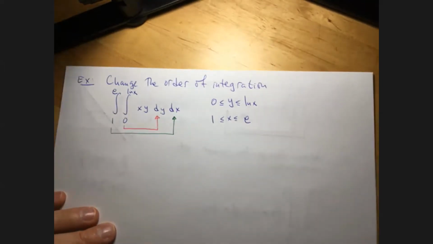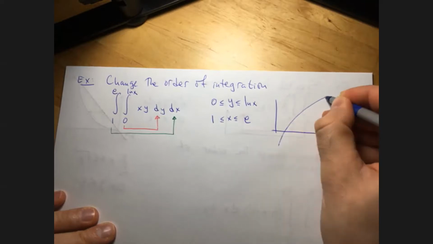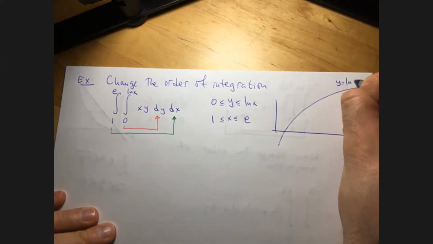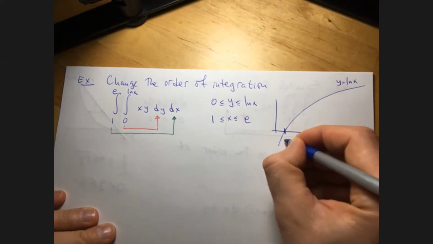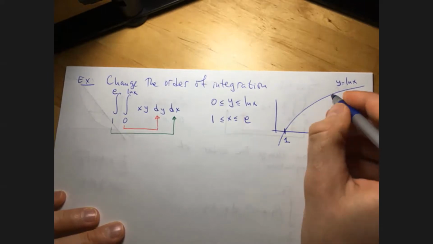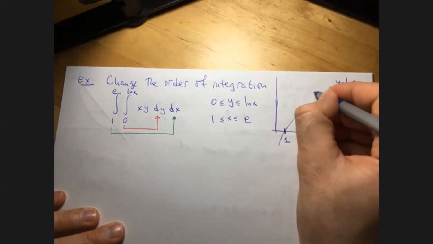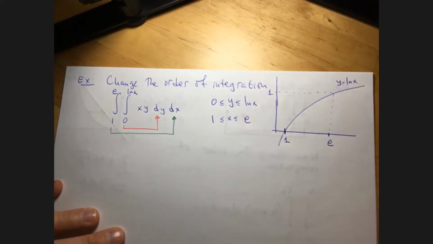So let's sketch that. This is y is equal to ln of x, okay? X is between 1 and e. Ln of e is 1, and this is just 0, right?